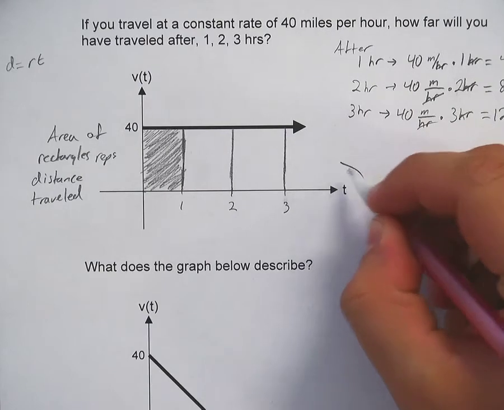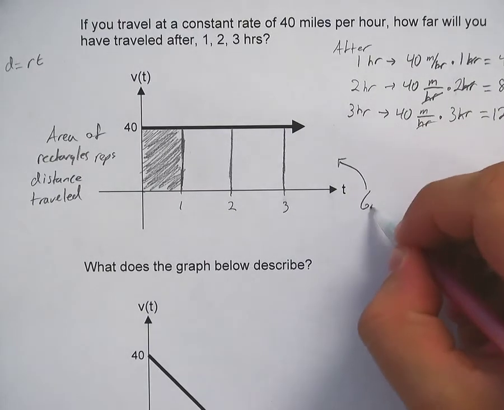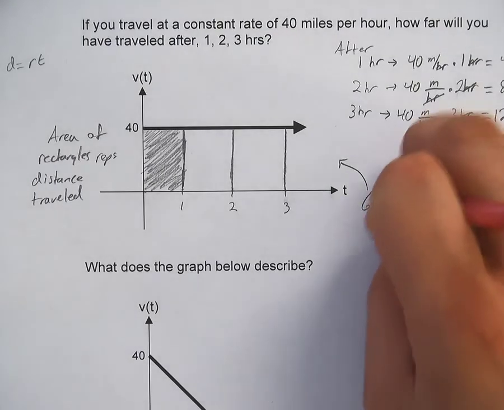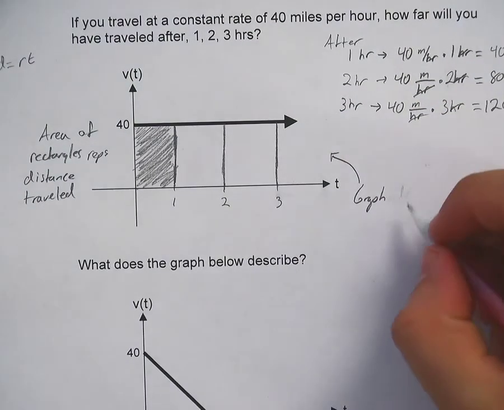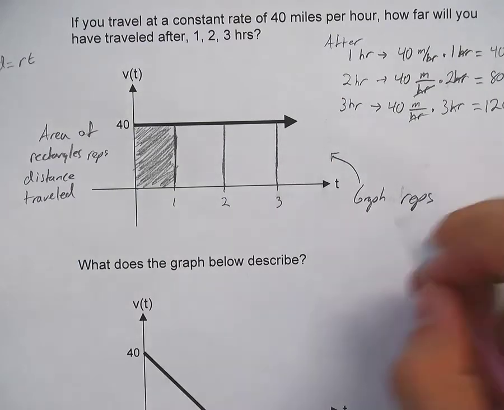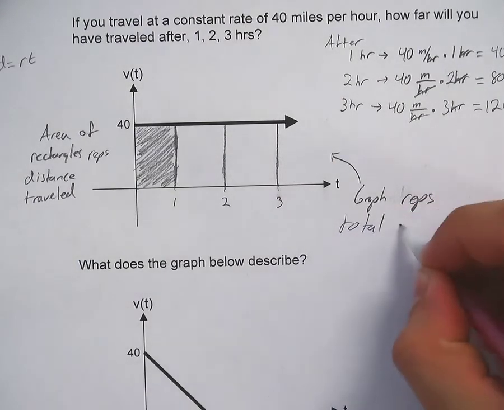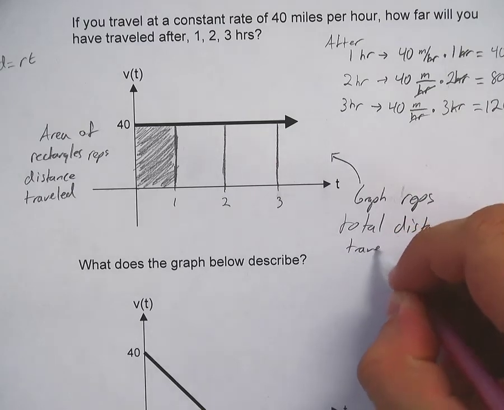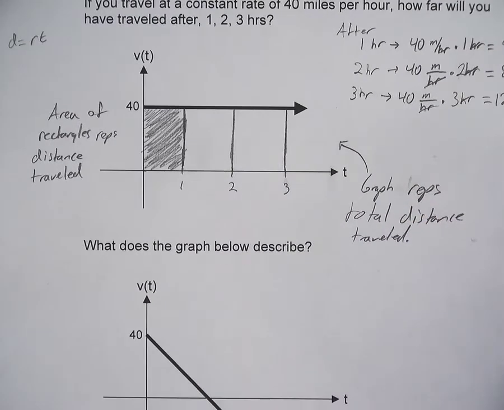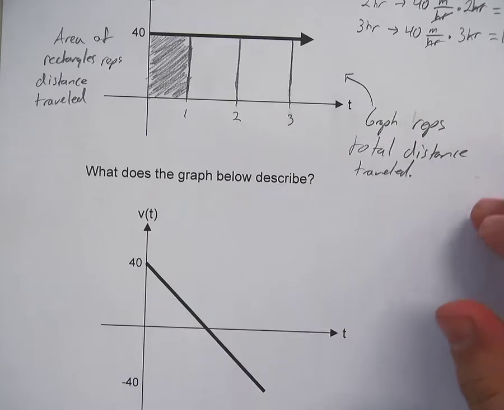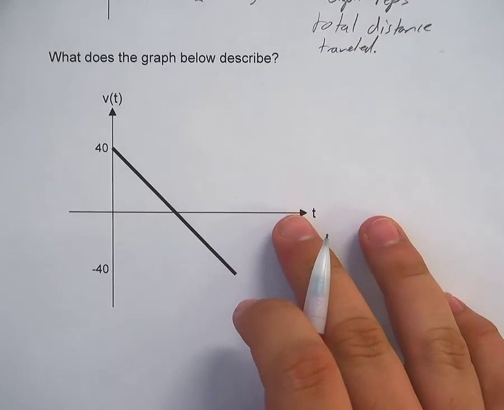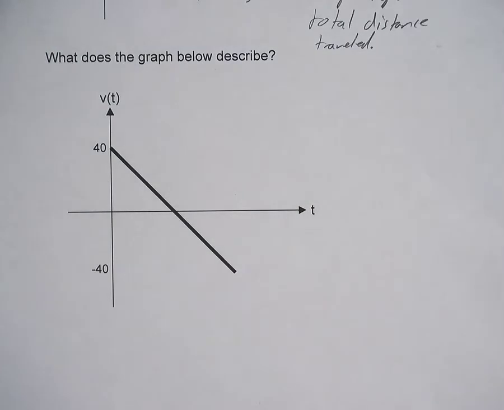This graph right here represents total distance traveled. I'm going to come back to what I was going to say after we do this one. Hopefully this will be a little bit more clear after we do this bottom one here. What does the graph below describe?